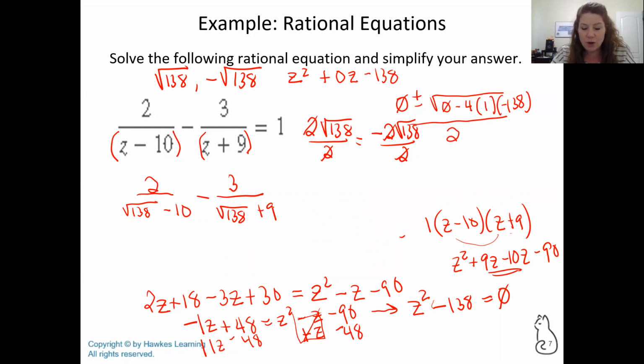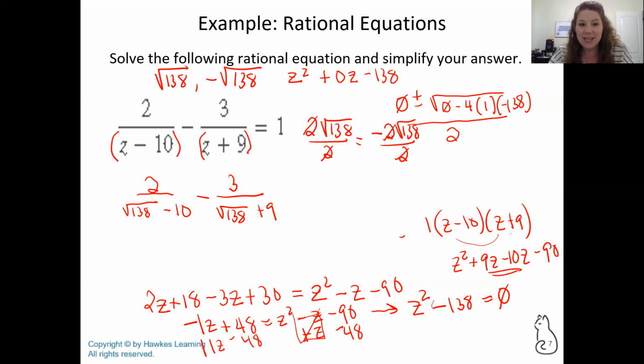I'm going to do 2 over radical 138 minus 10, minus 3 over radical 138 plus 9, equals 1.09. Ooh, it's so close. It's really close to 1, you guys. I think that's the right answer.